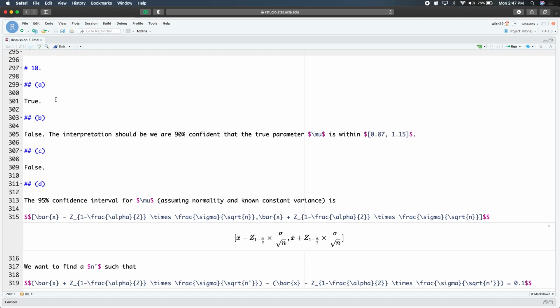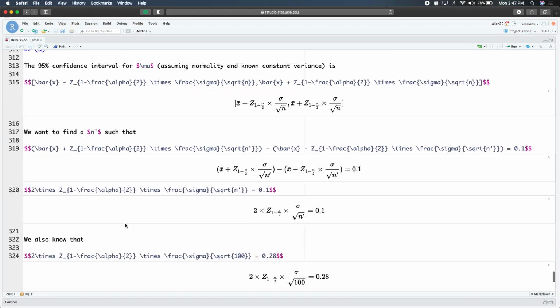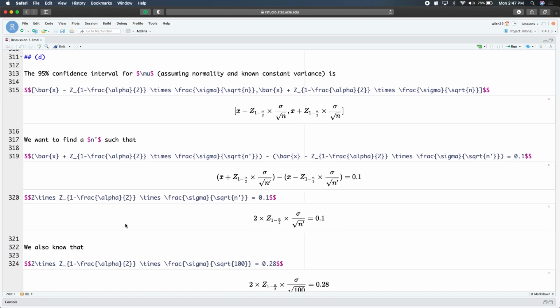And then for the last one, the 95% confidence interval. Previously, we had 0.28 as the width of the confidence interval, and the question is asking what the sample size would be if we want to shorten that to 0.1. So this is the construction of the confidence interval. We take the upper bound minus the lower bound, resulting in this, and then set it equal to 0.1.